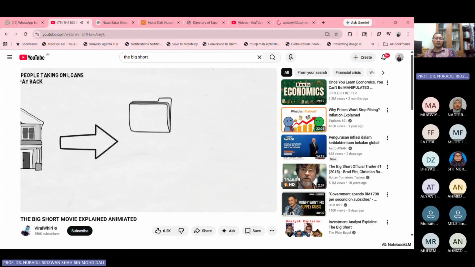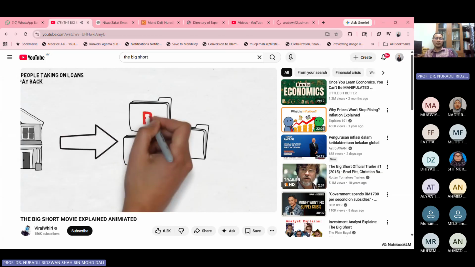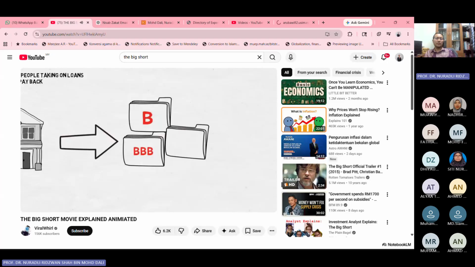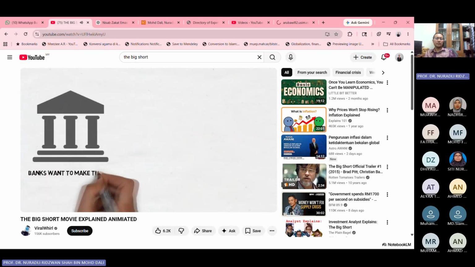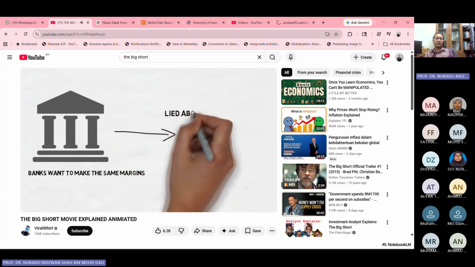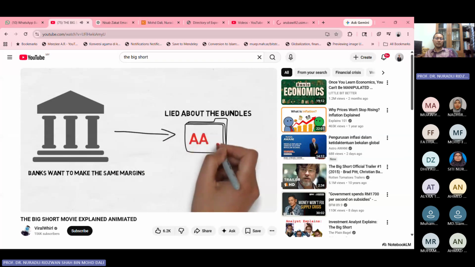However, these riskier loans meant that they would be worth less. And banks want to make the same margins they were making before, so they lied about the bundles and said they were still high quality, AAA quality.